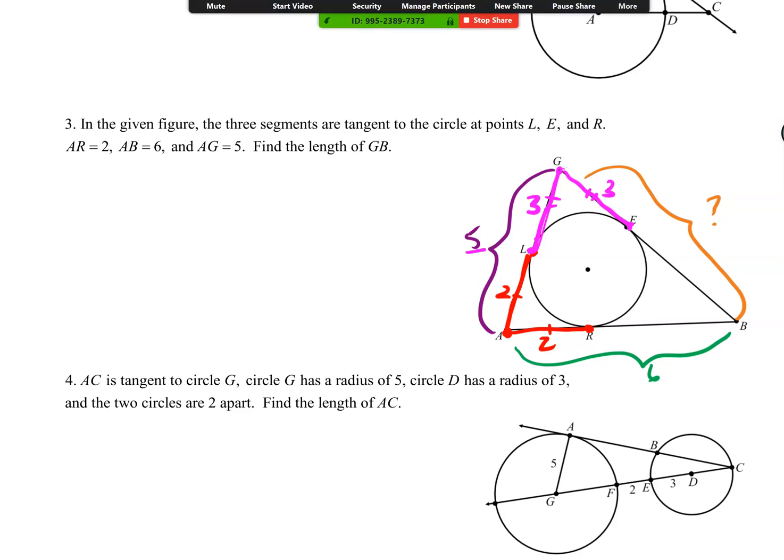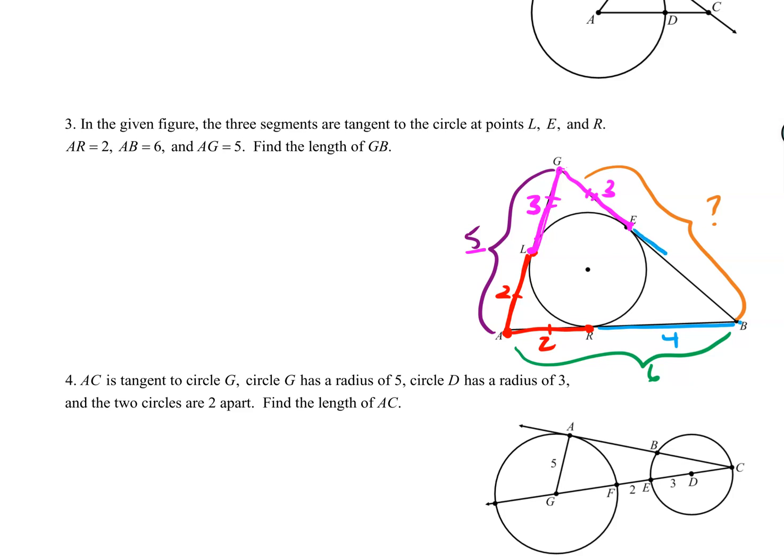And then lastly, I'll do it in blue here. If we know that AR is 2, then RB must be 4 since the whole thing is 6. And again, B to R is a tangent line, and B to E over there is a tangent line. So if these two are tangent lines coming from the same point outside the circle, then these must be congruent. So therefore, this must be 4.